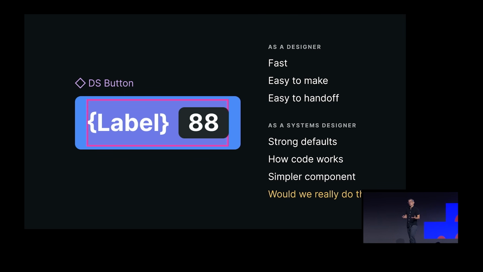I can still have all those strong defaults because default slot content is per variant. It also is how code works. And suddenly, my component asset is simplifying. Would we ever really do this? I think a lot of design system teams are like, Nathan's crazy, I'm never going to do that. But you have to think and put yourself in the designer's shoes, too, around the goals that they need to achieve and make the choices to empower them.